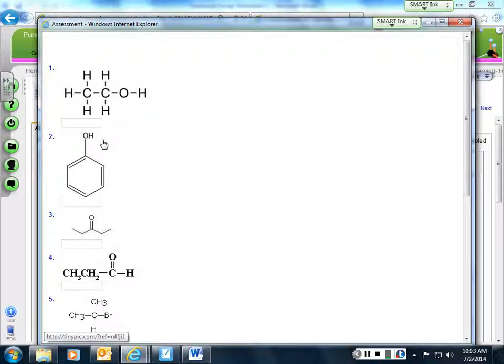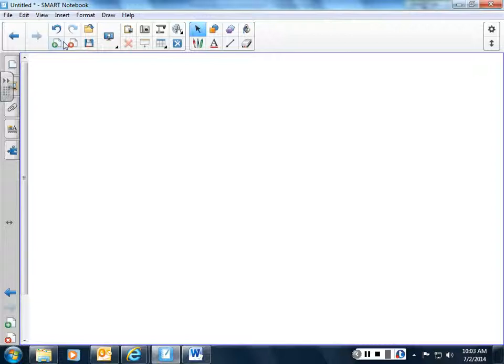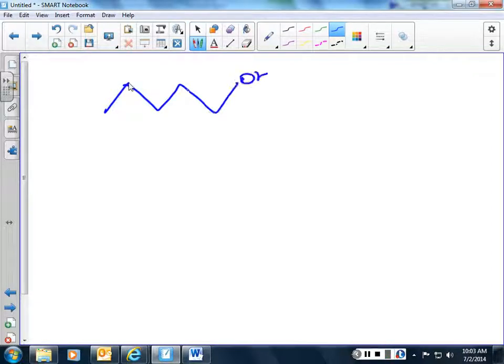So now, or let me go here, so it will be easier. So now I'll draw a structure like this, correct? If there is a structure like this, and you need to write the name for this structure, correct?